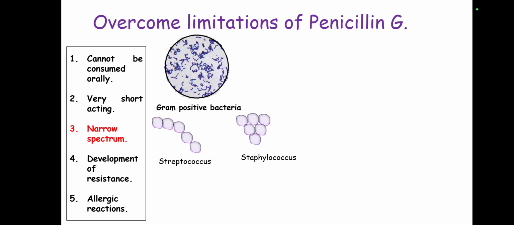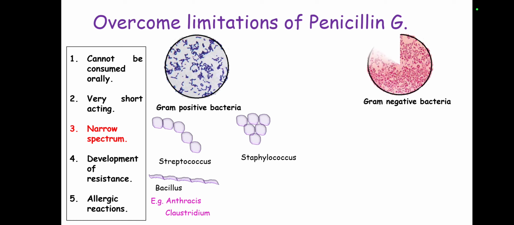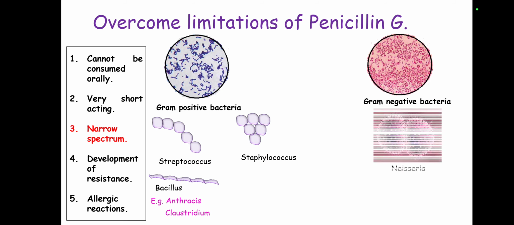It also includes gram-positive bacilli like Bacillus anthracis, which is the causative bacteria for anthrax, and even Clostridium, which is the causative organism for tetanus and gas gangrene.